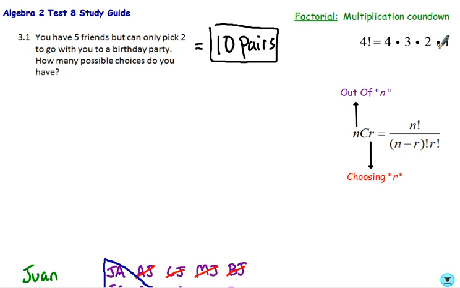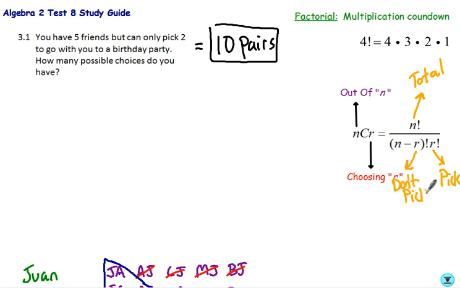And what this is, the n represents the total, and I'm just going to make a couple notes on this, and you may want to do this on the top of your page. So the n represents the total, and then the r represents what you pick, and then what you don't pick.